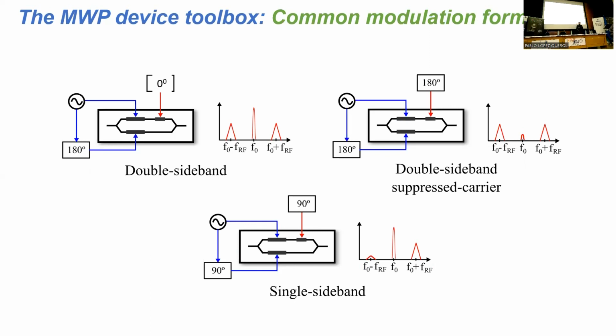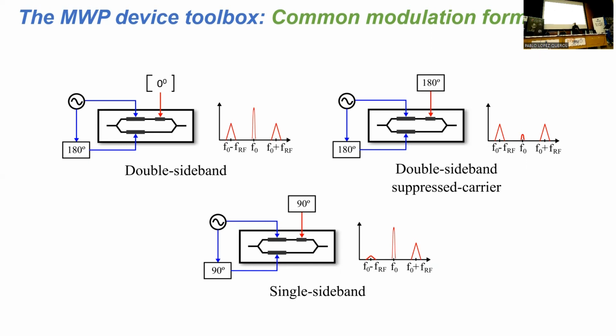We can actually obtain double sideband modulation, single sideband, which is very important to combat chromatic dispersion, and we can also have double sideband modulation with suppressed carrier. We want this last option, for example, when we want to generate high frequency RF signals from standard modulation. But for transmission, the option based on single sideband is probably the most attractive one.